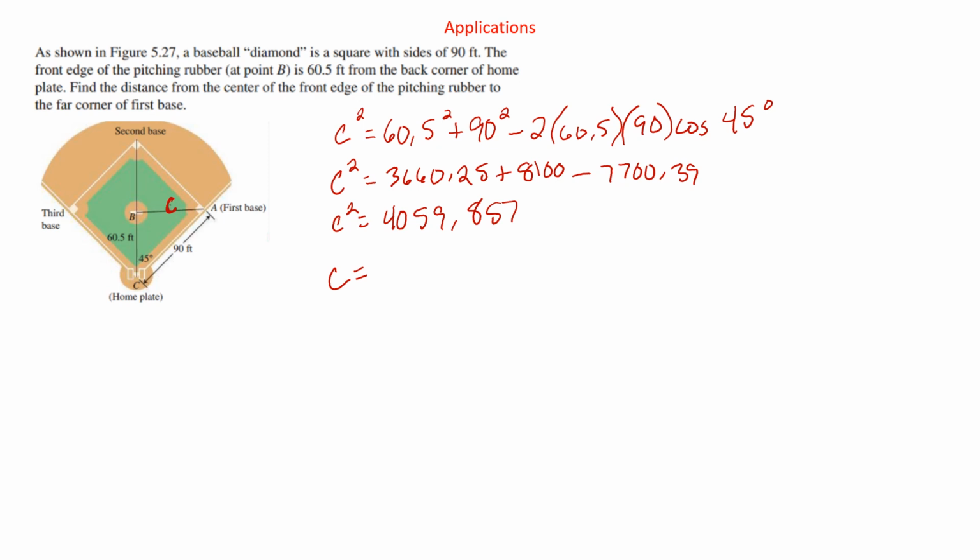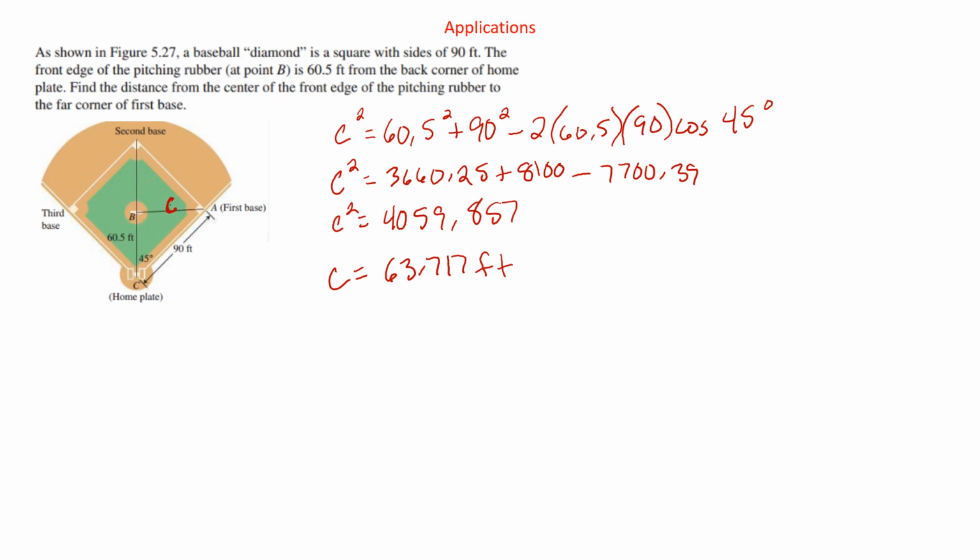So c is 63.717 feet. So it's 63.717 feet from the pitching mound to that back corner of first base. They can't say to first base because first base is not a point.